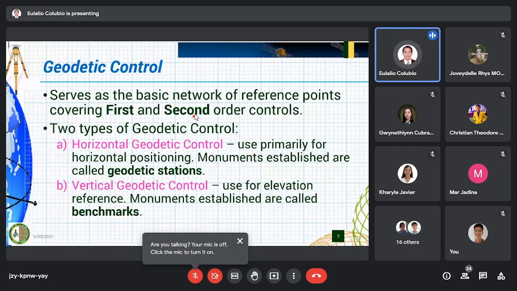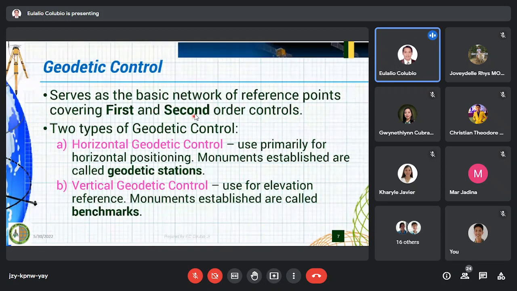So there are two types of geodetic control. One for the horizontal, the positioning of the points horizontally, and the elevation reference. So the horizontal is called horizontal geodetic control. The vertical is called vertical geodetic control. But for simplicity, in the Philippines, usually the horizontal is called geodetic stations.